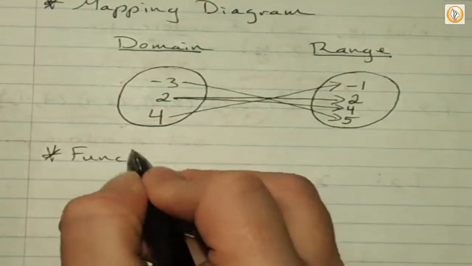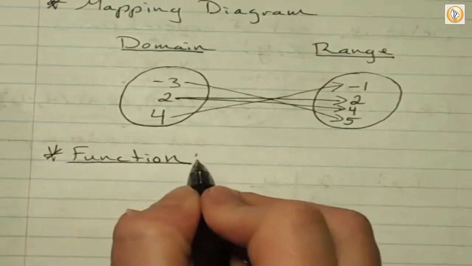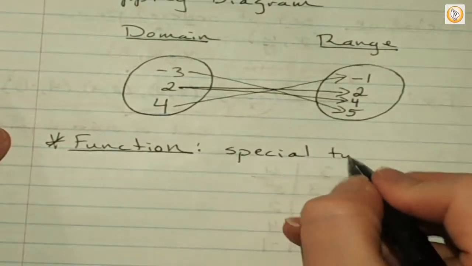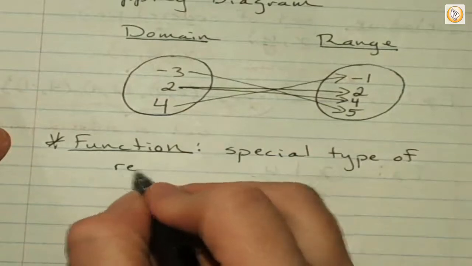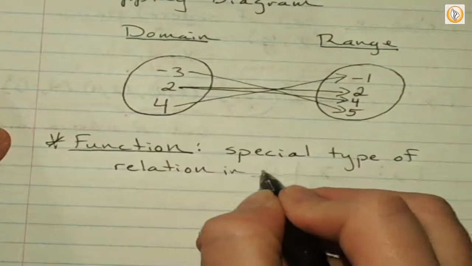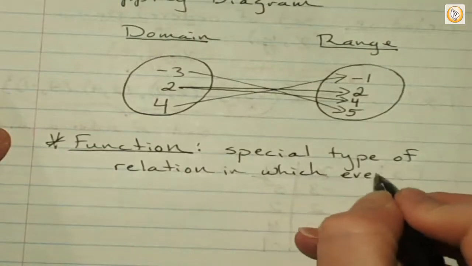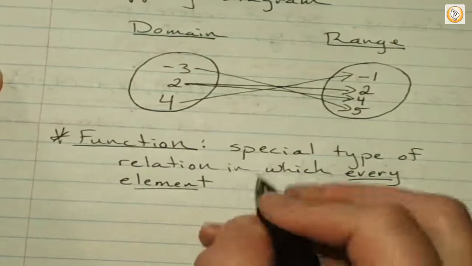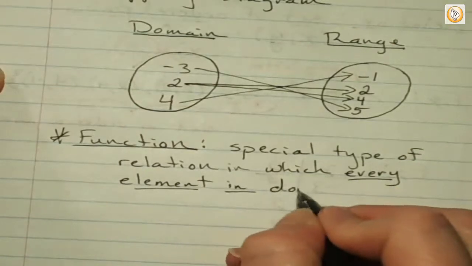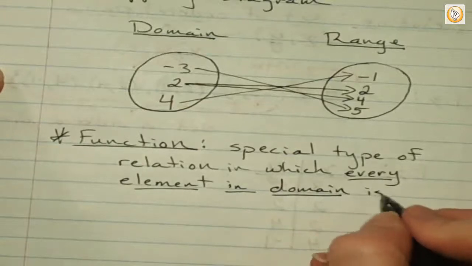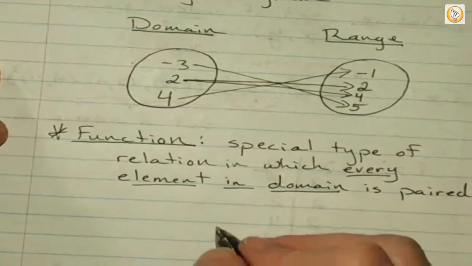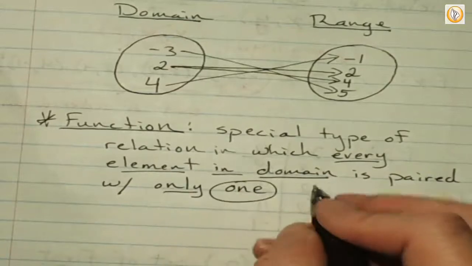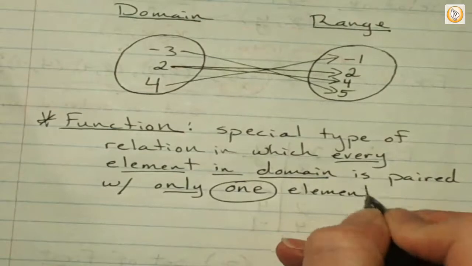Function. A special type of relation in which every element in domain is paired with only one element in range.